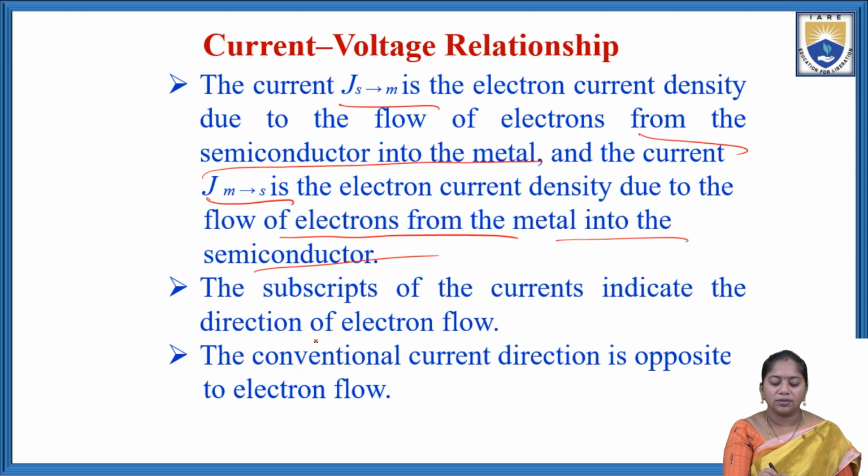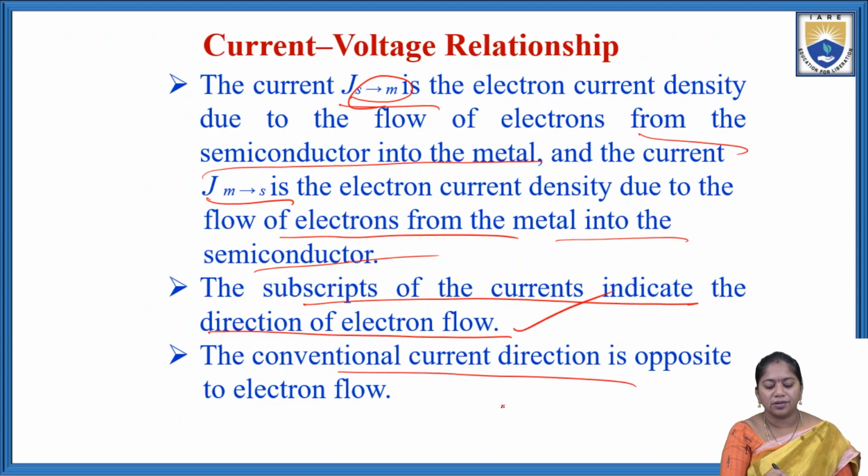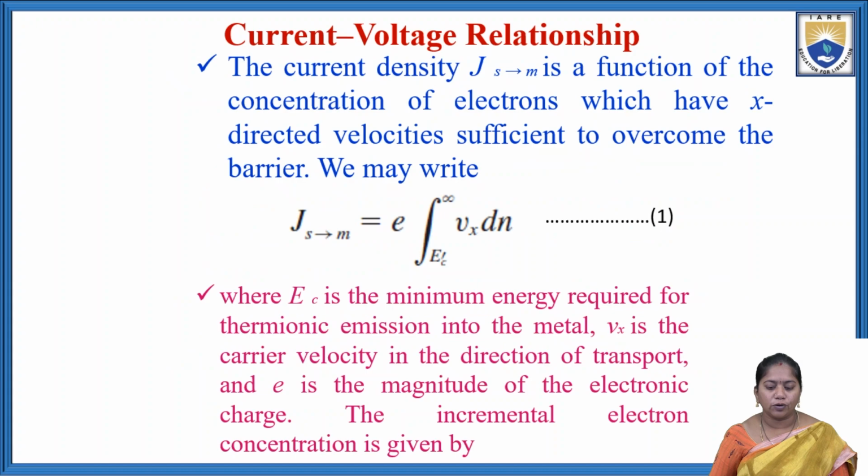The subscript of the currents indicates the direction of the electron flow. The conventional current direction is opposite to the electron flow.